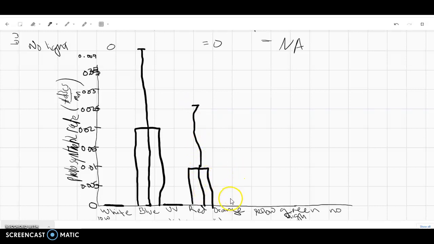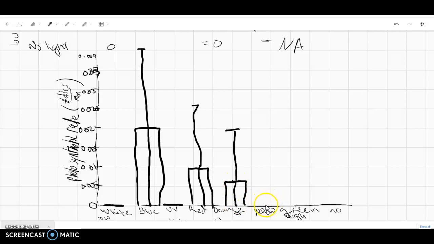Okay. Orange was 0.007, so we go about right here, and then for the standard deviation that was 0.01, so we go up to 0.02 up here, and then we go down.